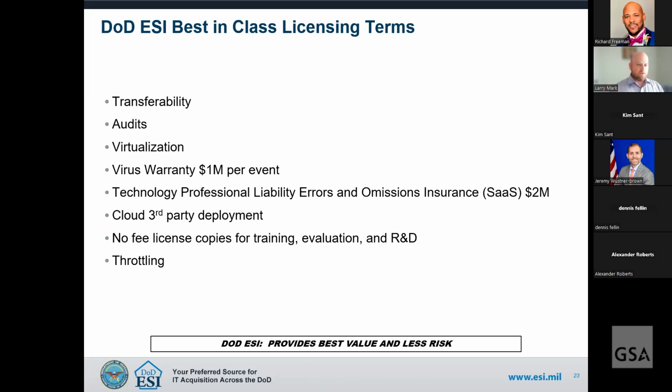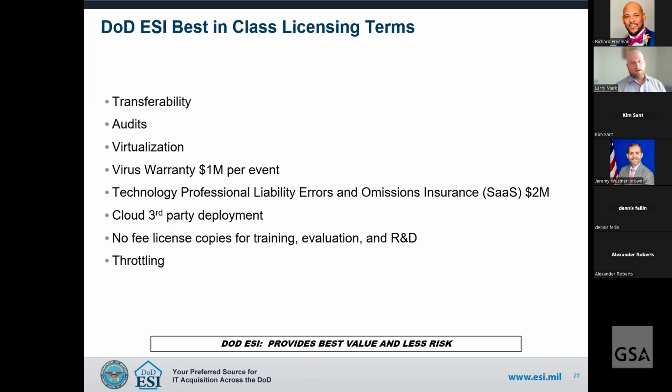The next two, virus warranty and the errors and omissions insurance. So this is protecting us. Actually, this has been a fight, especially the virus warranty has been a fight out in the commercial world for a long time.